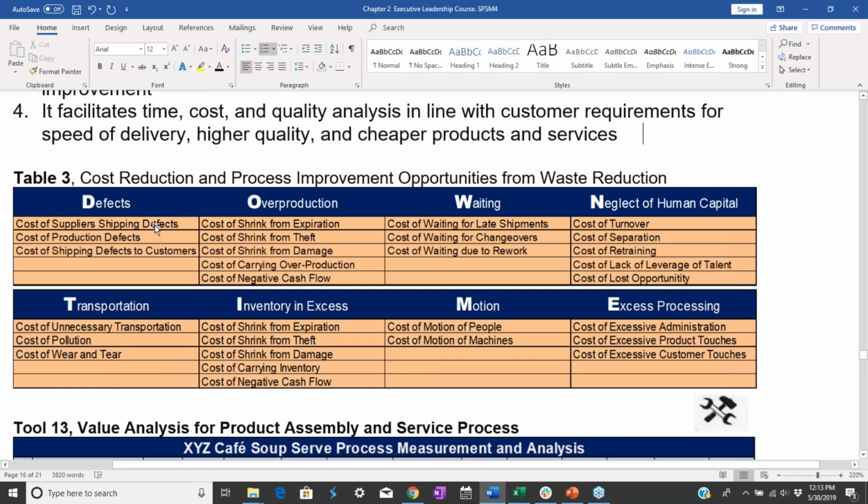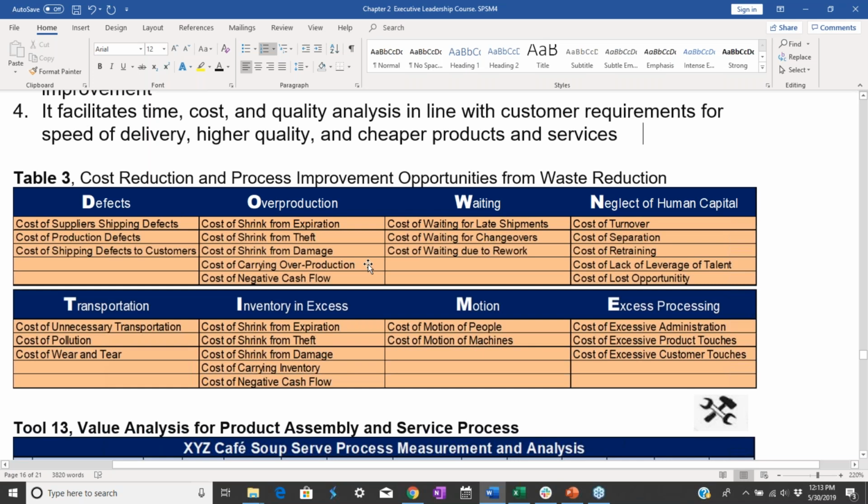So in defects, we see here cost of shipping supplier defects, cost of production defects, cost of shipping defects to customers. Overproduction: cost of shrink. If we overproduce, we have excess materials and products in store. Some of it we may not need, some of it may be exposed to expiration. So cost of shrink from expiration, cost of shrink from theft.